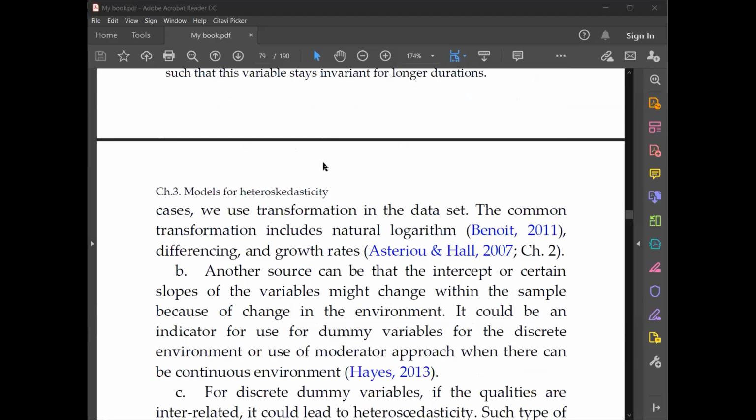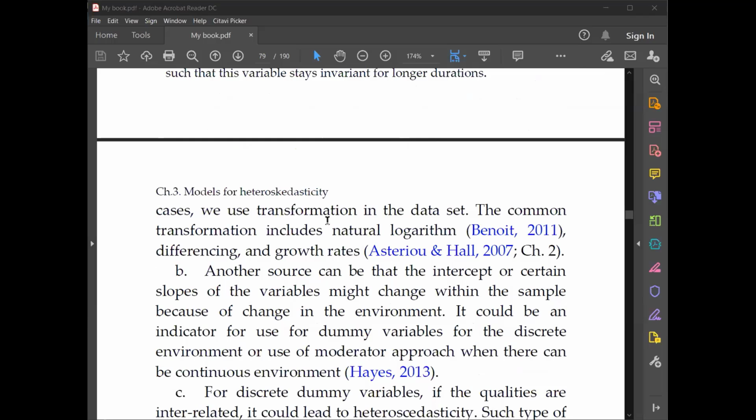So the best thing is that we can transform the data set. A common method is to take the natural log. The data which are wider or longer, we take the natural log. It converts the data into growth rates. So even though the data is wide, the growth rates are narrow. And even if the data is narrow, it can have a high growth rate, because growth rate is actually percentage change.